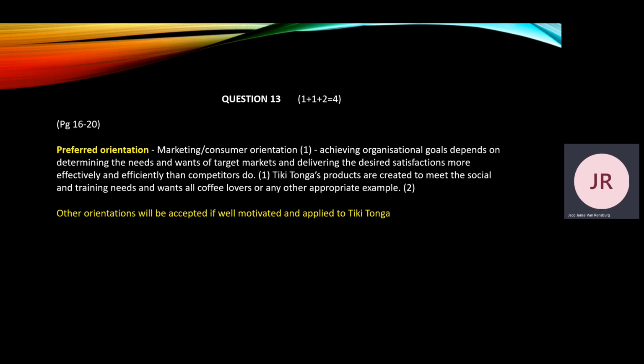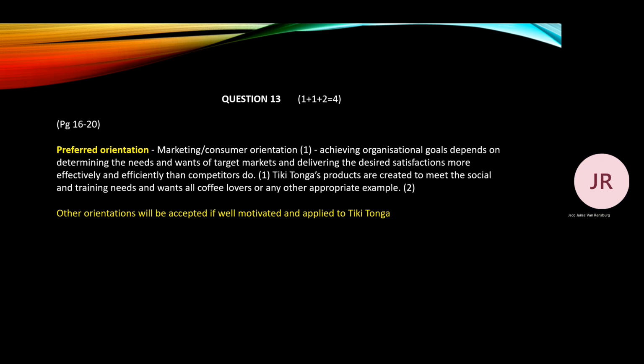That's basically what the marketing customer orientation is about. And for Tiki Tonga, it could be that their products are created to meet the social and training needs and wants of coffee lovers, and any other appropriate example that students actually add would have been sufficient here as well.